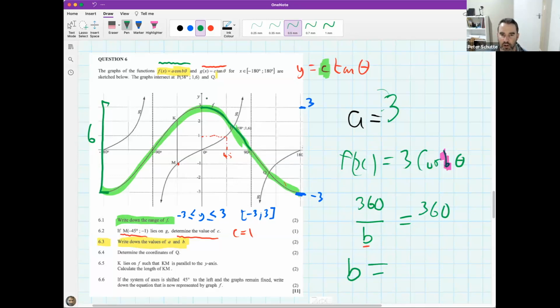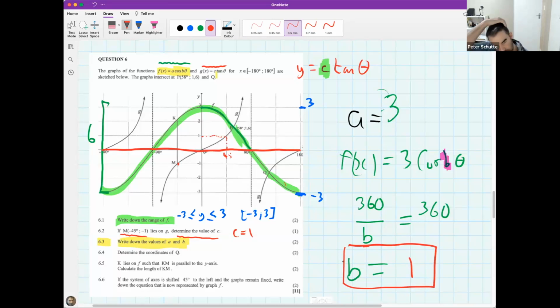A full cycle of the cos graph is just up, up, down, down. And so you go from minus 180 all the way to plus 180, which feels to me like 360 degrees. And so B has to be equal to 1. Yeah. So that is that.